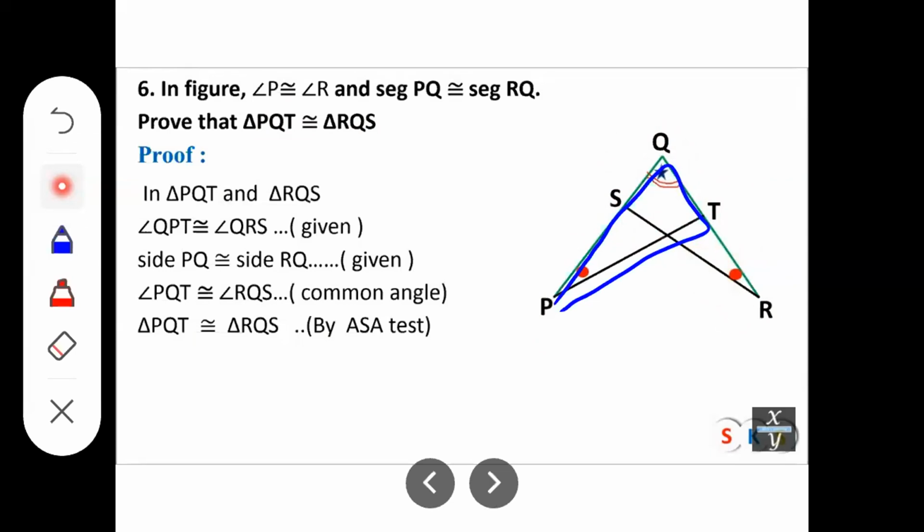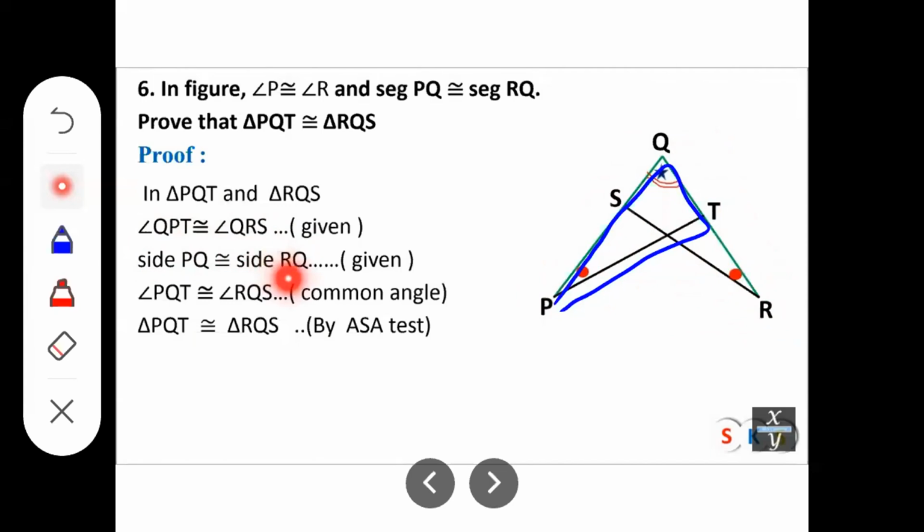One pair of angles is already given congruent, that is angle P and angle R. So let's write that one. The three-letter name for each angle is written here: angle QPT and angle QRS. Those are congruent to each other.